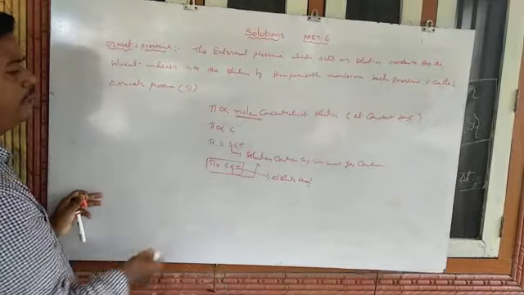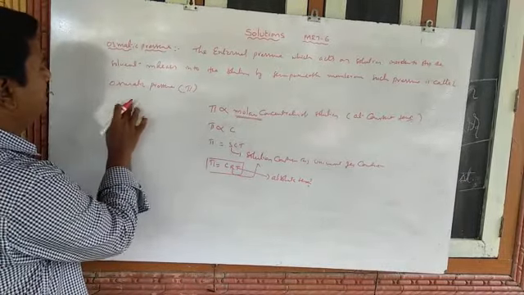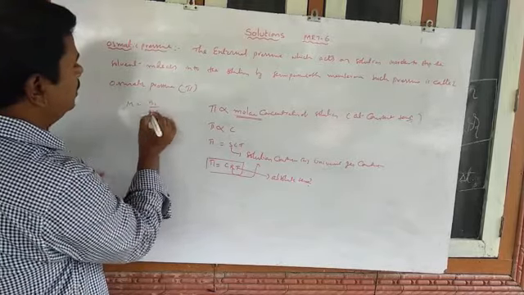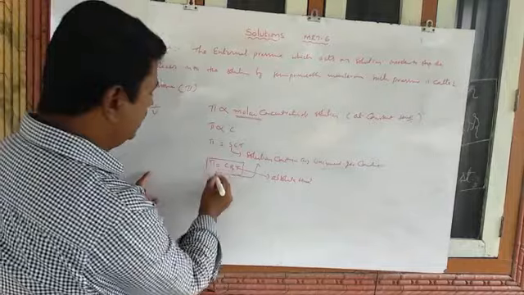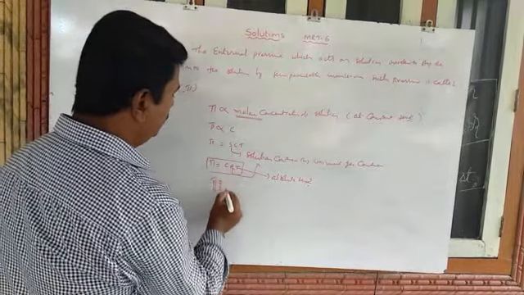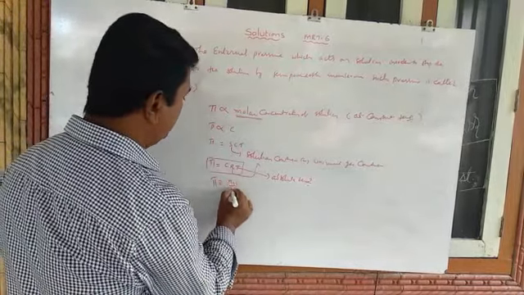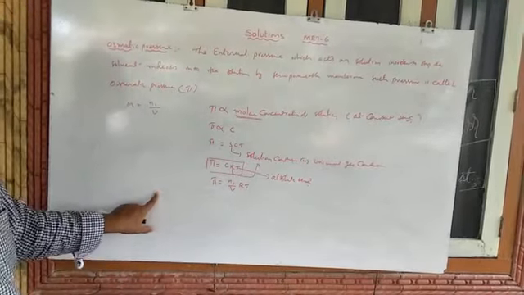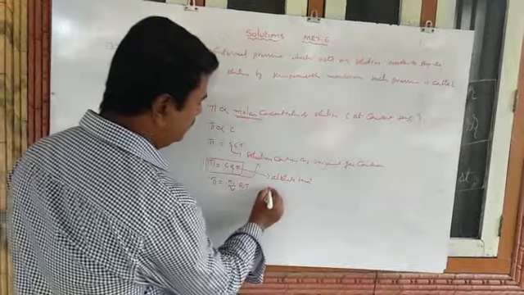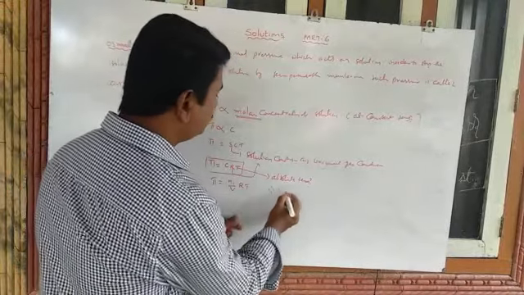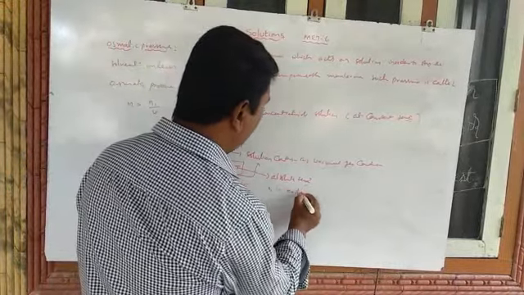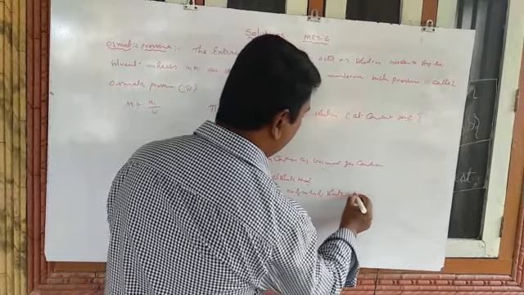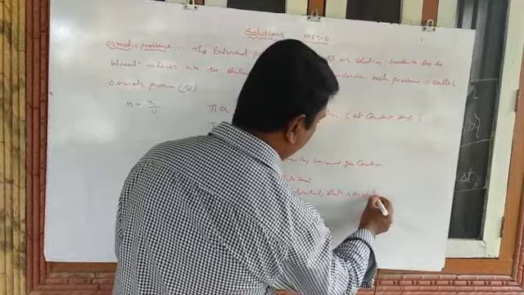So how can you calculate the molarity? Molarity M equals the number of moles of solute in V liters. So I can replace C in pi equal to CRT, and write it as N1 by V into RT. Here N1 is the number of moles of solute in the solution.